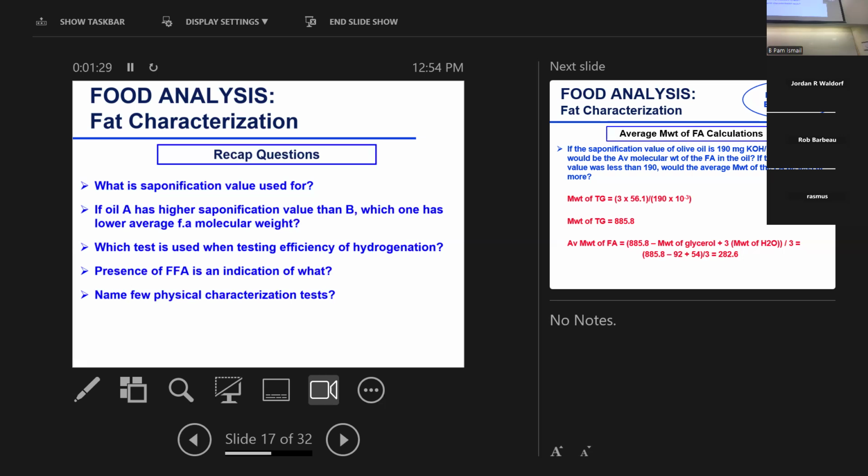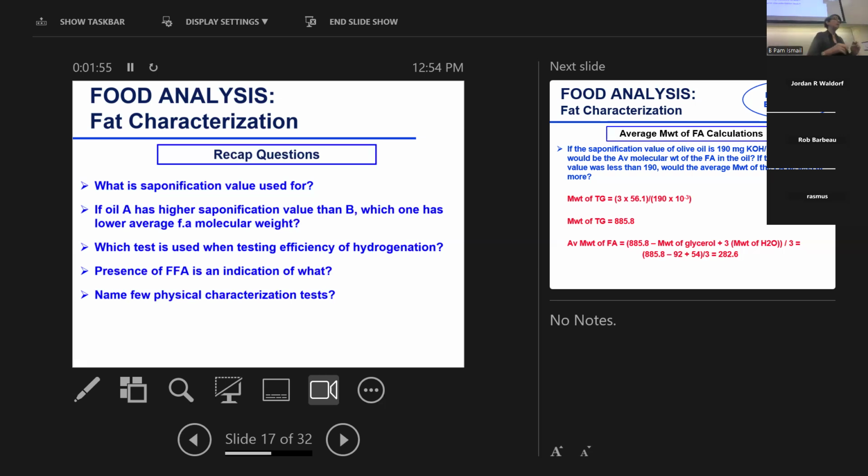For iodine, it's grams of iodine picked up by 100 grams of fat or oil. Peroxide value we'll see later on is milliequivalent per kilogram. And free fatty acid is a percentage. So define those tests and provide the unit.